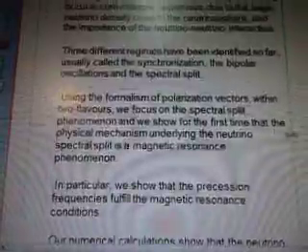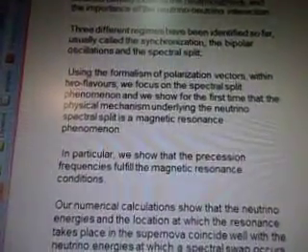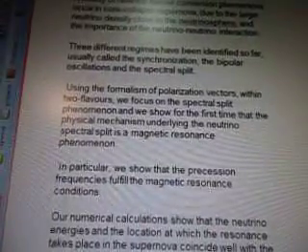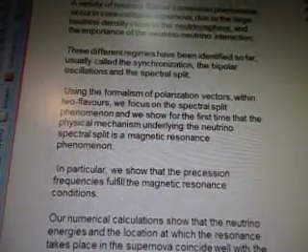Using the formalization of polarization vectors within two flavors, we focus on the spectral split phenomenon, and we show for the first time that the physical mechanism underlying the neutrino spectral split is a magnetic resonance phenomenon. In particular, we show that the precession frequencies fulfill the magnetic resonance conditions.